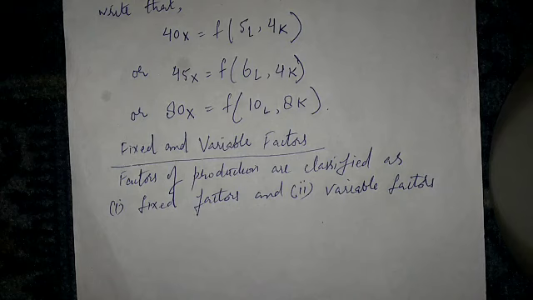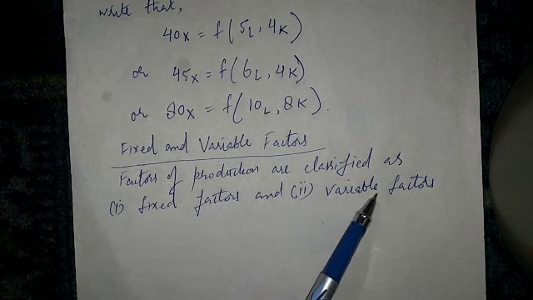Thus, a machine is there even when output is zero. Let us assume that a machine can produce a maximum of 1000 units of commodity X. It means that for any change in output ranging between 0 to 1000 units, the input of machine, that's a fixed factor, remains constant.